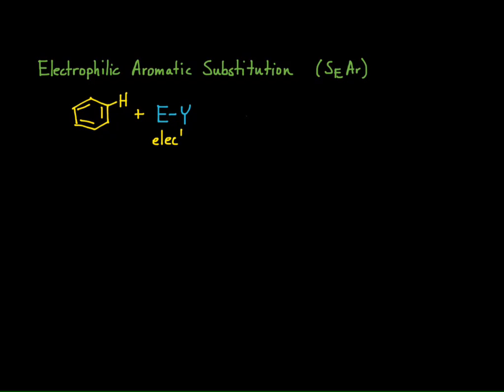So if I take benzene and I react it with an electrophile, then as I stated previously, that means that benzene is behaving like a nucleophile. And so the electrons in the highest occupied molecular orbital are going to attack the lowest unoccupied molecular orbital of the electrophile, right?